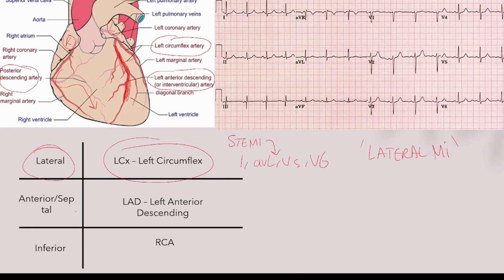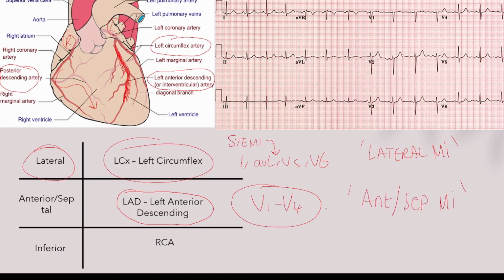Same thing if there was a blockage in our LAD. What are the leads corresponding to the anterior septal portion? Well, we know that's V1 to V4. If there was a blockage in our LAD, we would see this on the ECG paper in our V1 to V4. We would see an ST elevation. And if that's the case, we can categorize this as an anterior or septal MI.